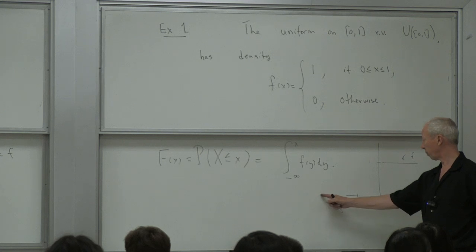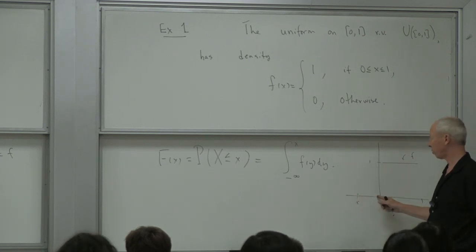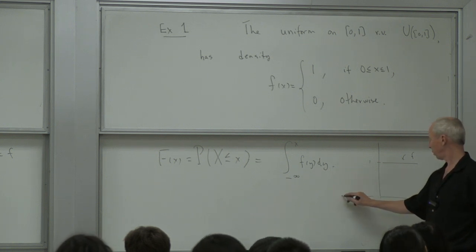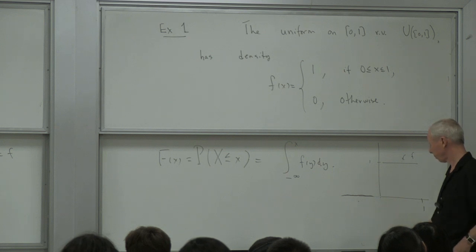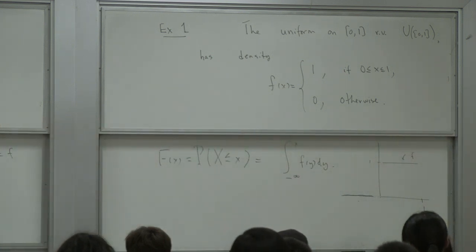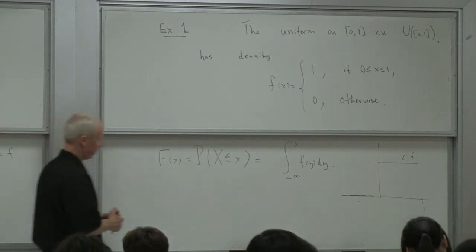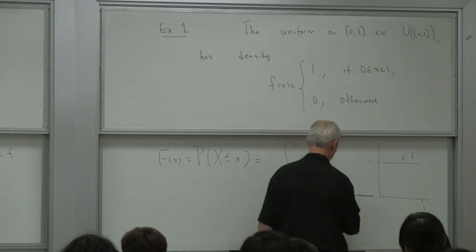It's 0, because I'm integrating 0 from minus infinity to here. If I move the little x over here, it's 0 all the way until I get to here, right? So capital F looks like this.